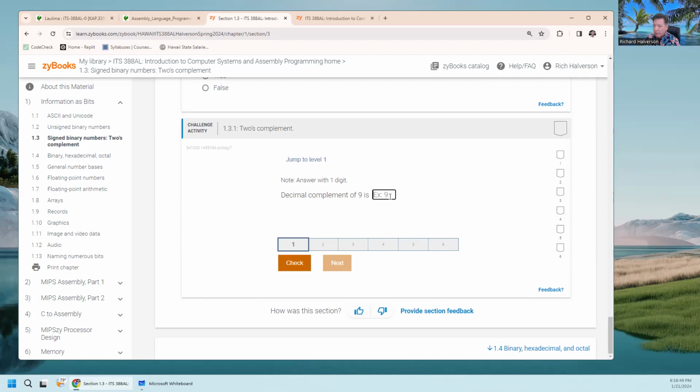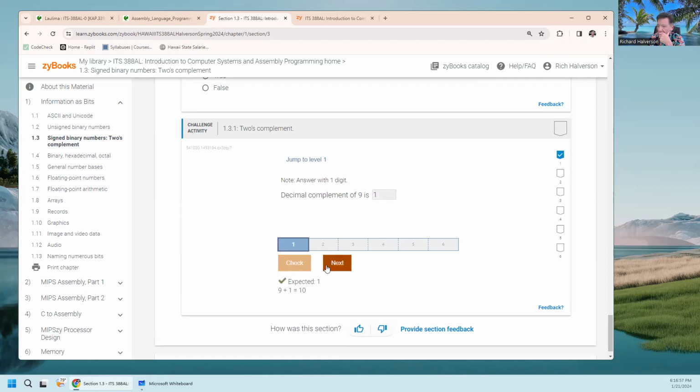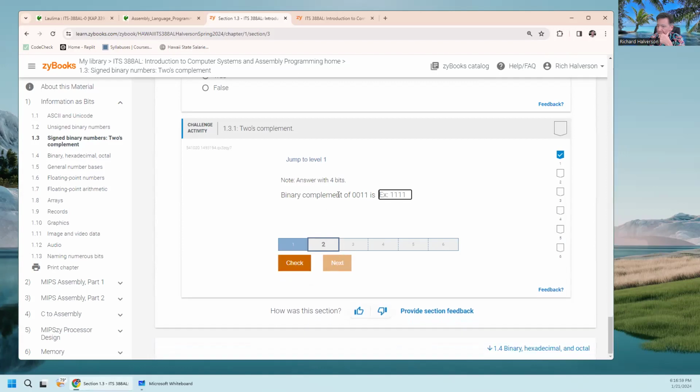The decimal complement of 9 is 1, because 1 plus 9 equals 10, or 10 minus 9 is 1. The binary complement of 0011 would be 1100 plus 1.